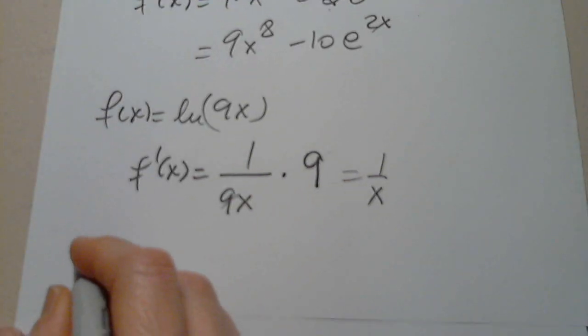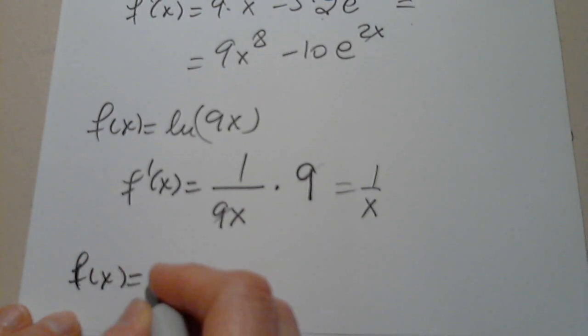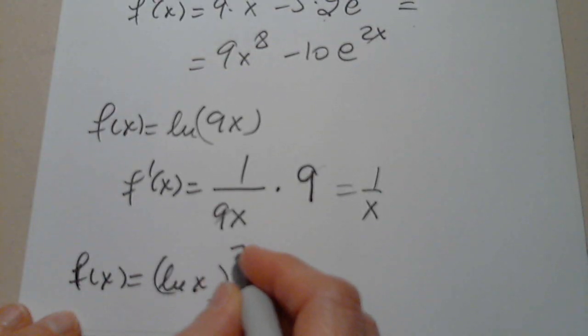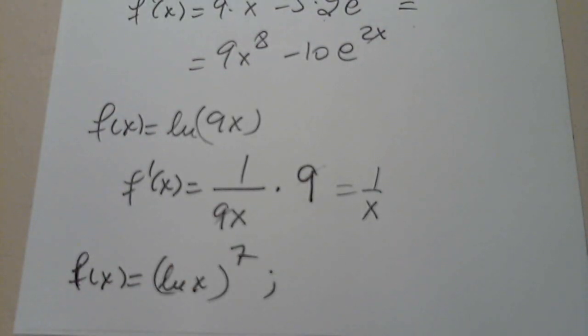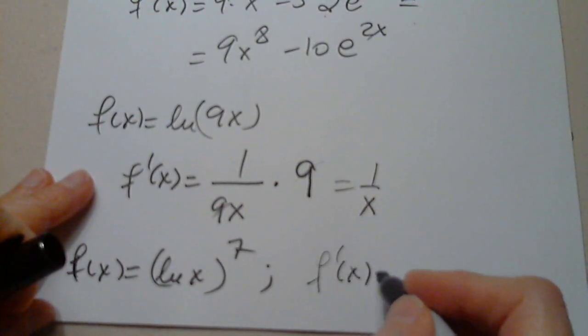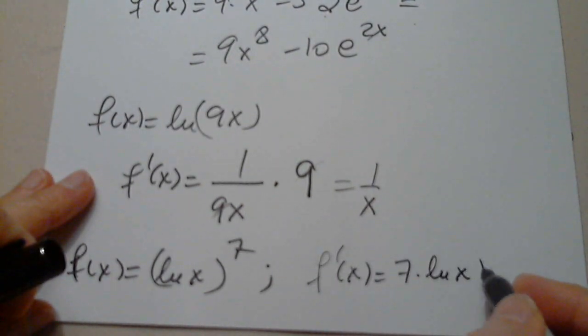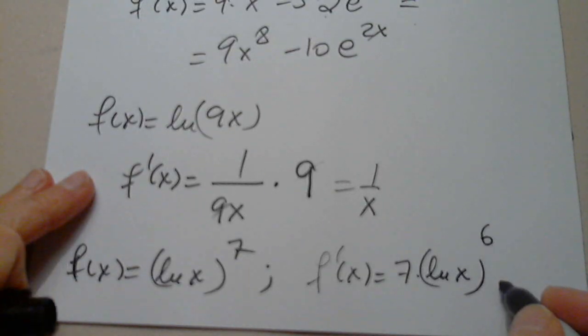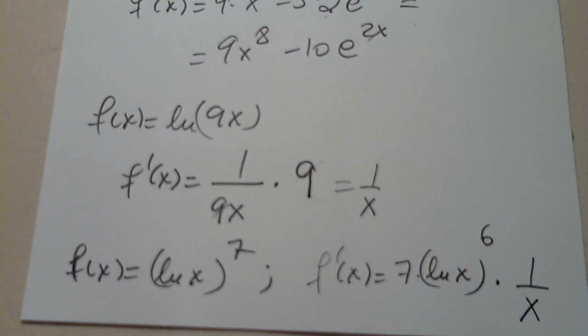Of course. So we have f of x equals natural log to power 7. It's a function to a power. So f prime equals 7 natural log x to the 6th power times the inner function prime, which is 1 over x.